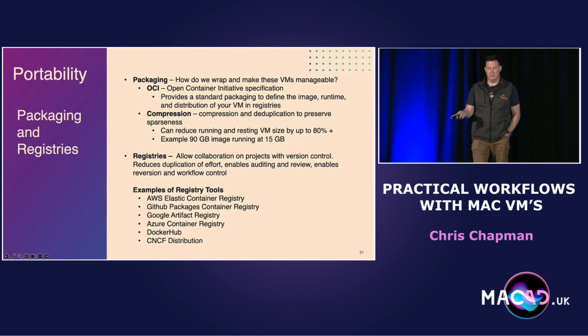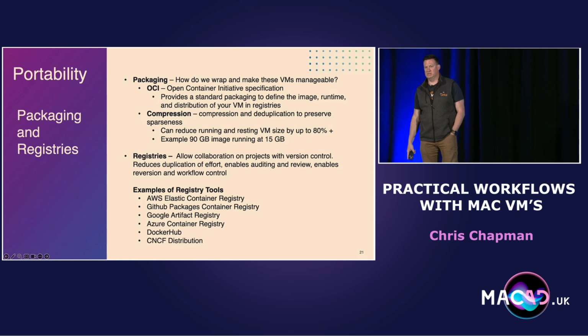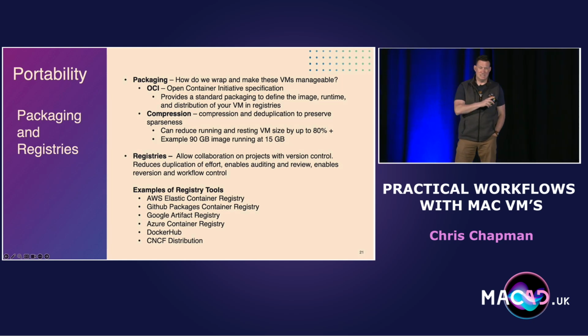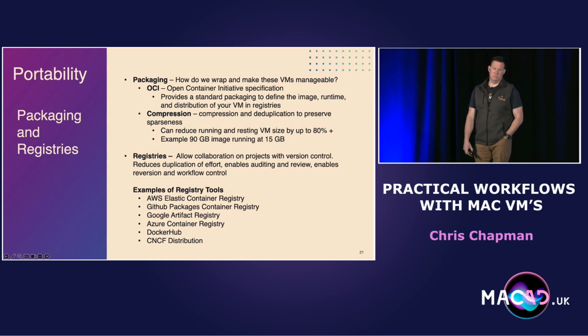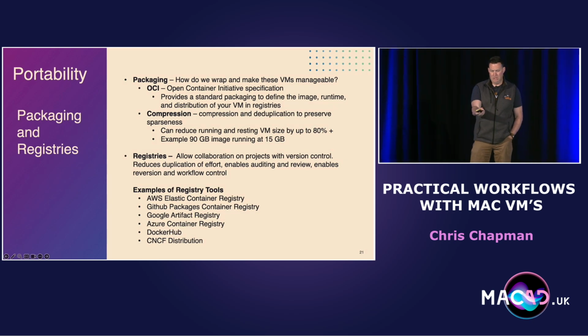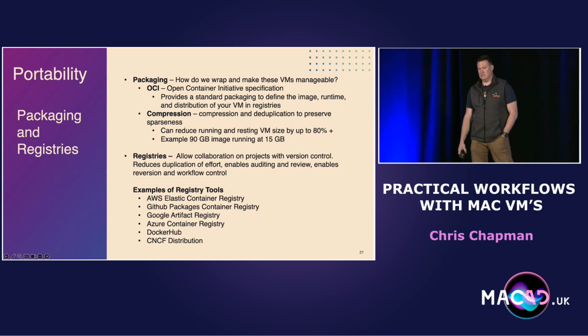Compression and deduplication will preserve sparseness, which means your 90 gig base image can be running at a 15 gig size, especially when you're passing it around to people with local environments with limited size on their Mac. It's important not to eat their whole hard drive up by giving them VMs to play with. But you can run this resting or running, and it can save you up to 80+% in these kinds of cases.